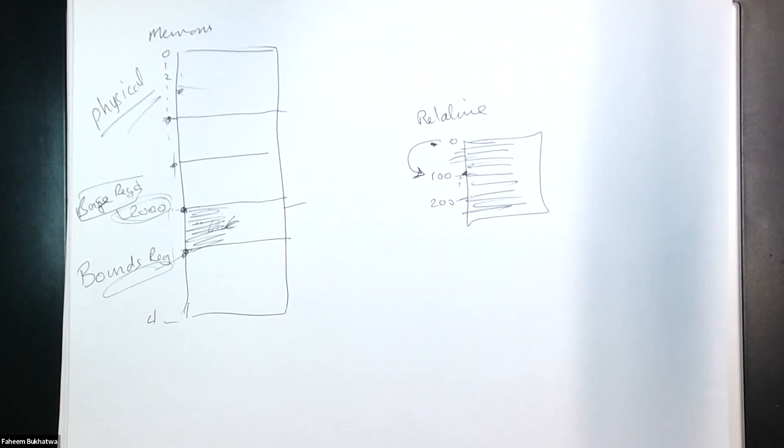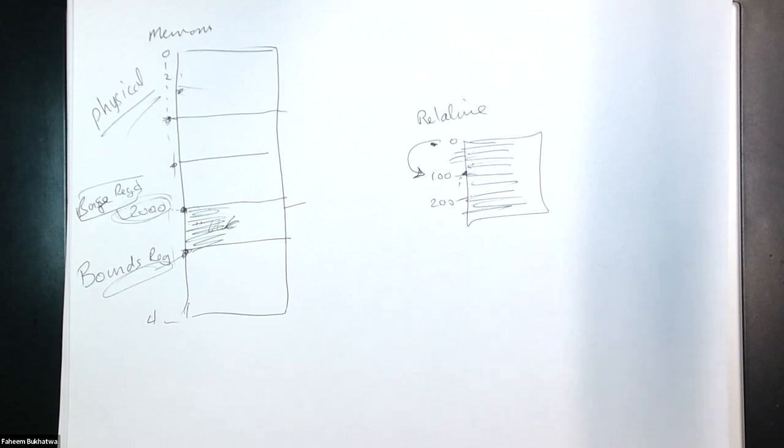Why is fixed partitioning sometimes better? Anybody know one reason why fixed partitioning is easier or better to use? It's less complicated. It's simpler, easier to program. And it doesn't suffer from fragmentation, right? Pardon?